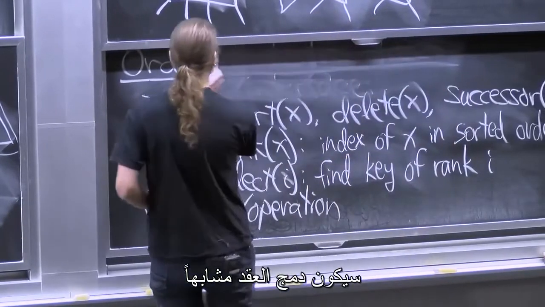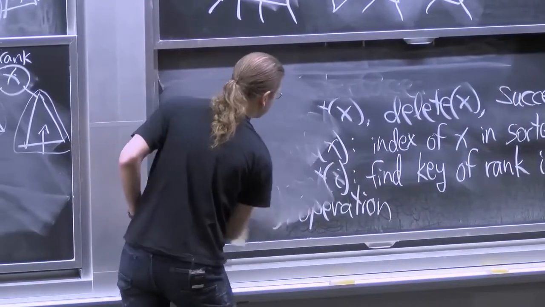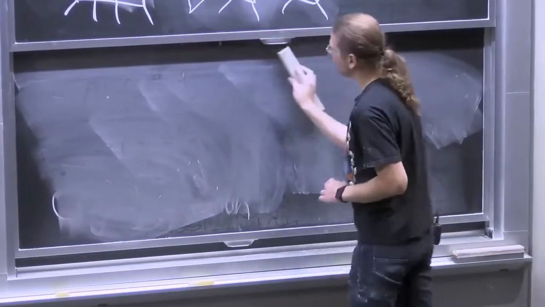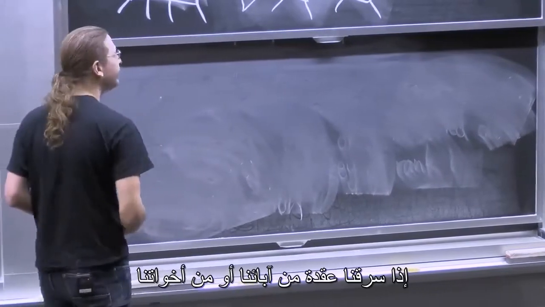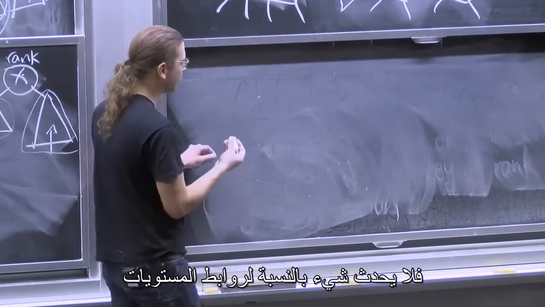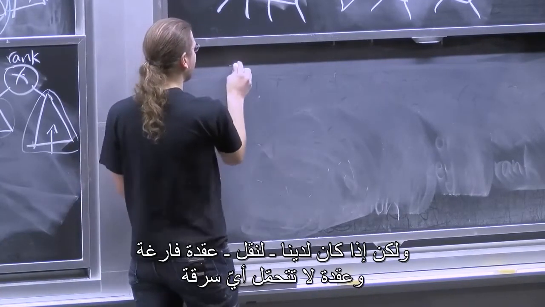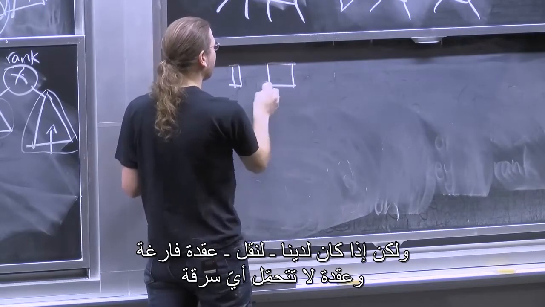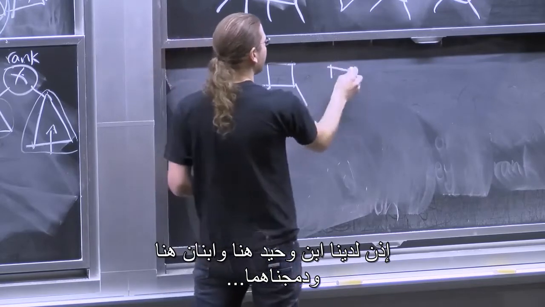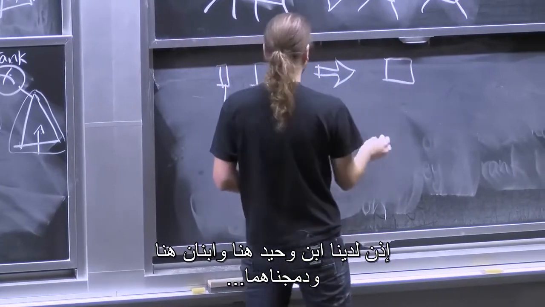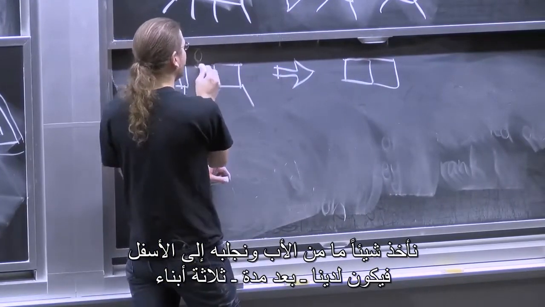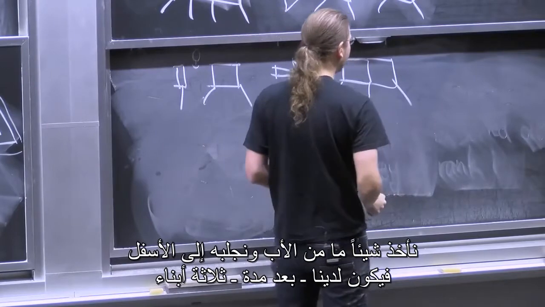Merging nodes is going to be similar. If we steal a node from our parent, or from our sibling, nothing happens in terms of level links. But if we have, say, an empty node and a node that cannot afford any stealing, so we have single child here, 2 children, and we merge it into, we're taking something from our parent, bringing it down, and we have 3 children afterwards.